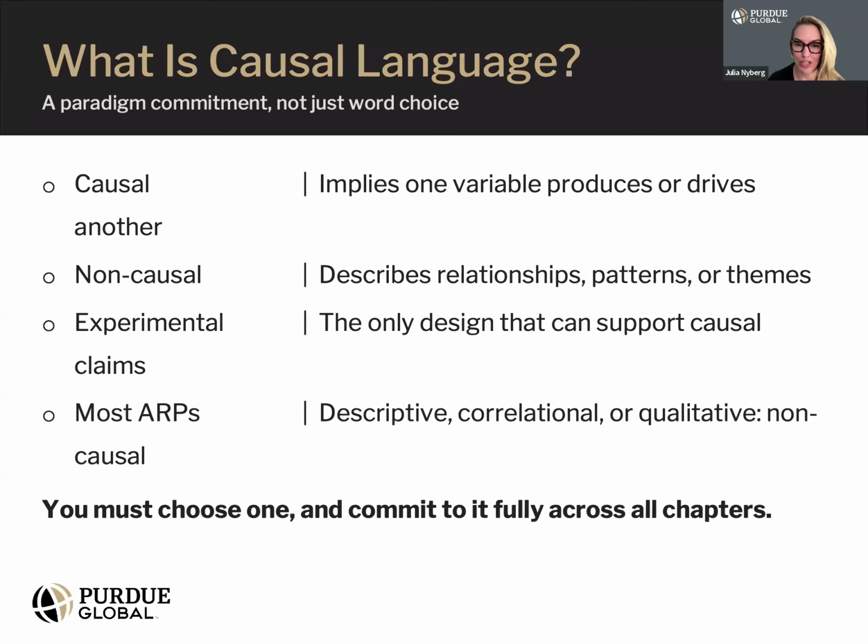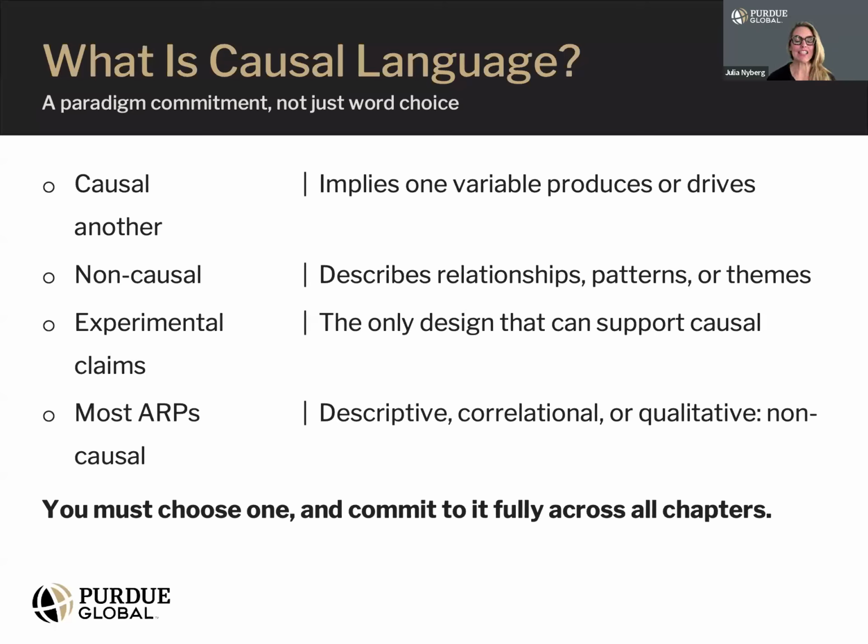Here is the critical point. Only experimental designs, true experiments with random assignments and control groups, can support causal claims. That being said, most applied research projects use descriptive, correlational, or qualitative designs.